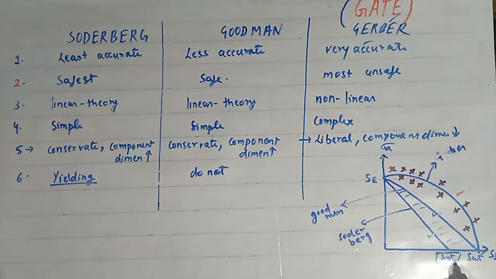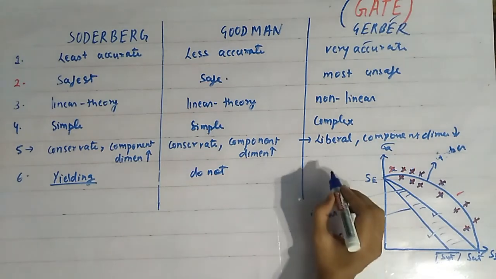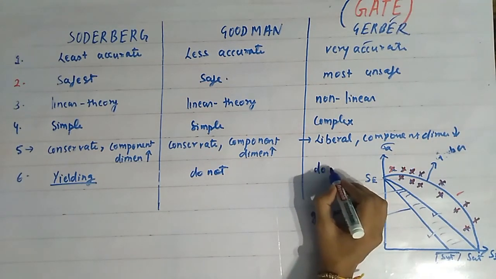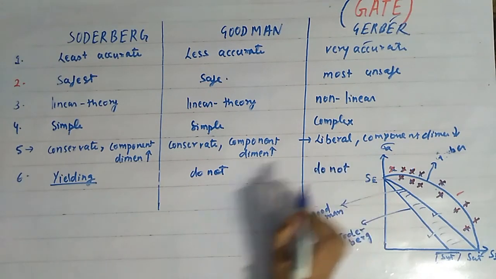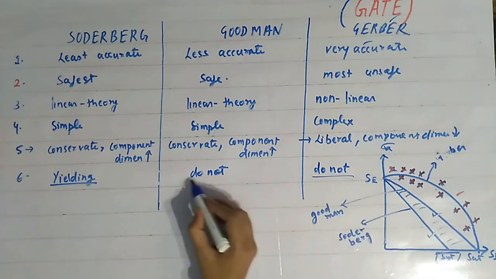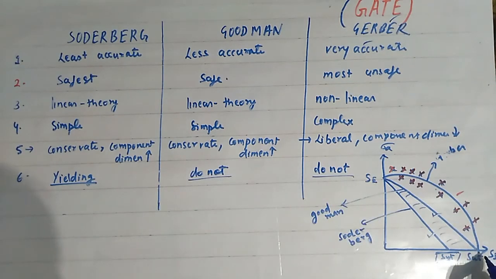So this Goodman criteria does not account for the failure in yielding, and similar is the case for the Gerber criteria. It also does not take into consideration the failure due to yielding.